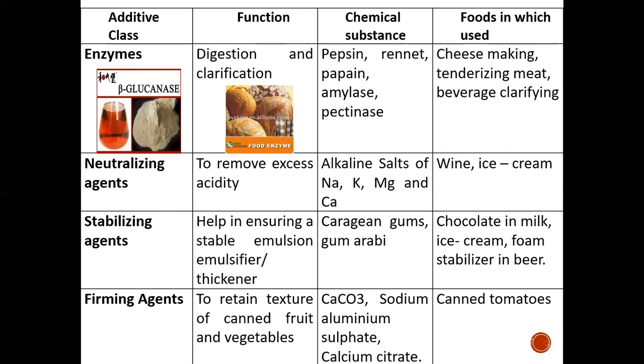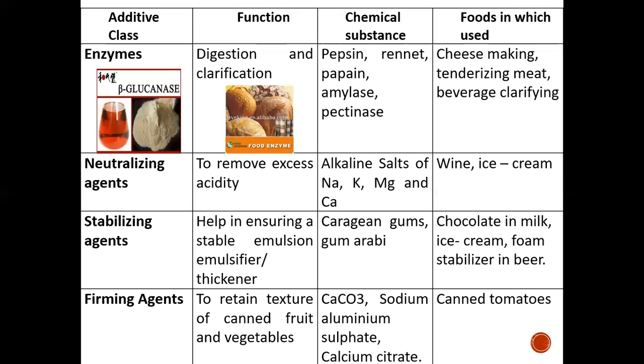These stable emulsifiers help ensure the emulsion is stable. The different examples are carrageenan, gum arabic, etc. A firming agent is something which helps so that the texture is maintained.